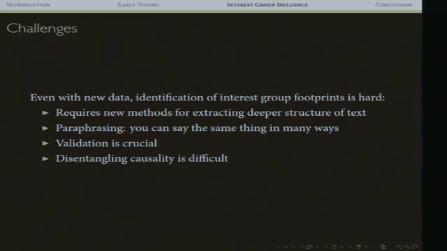If you see two states that adopt the same piece of legislation, how do you know which one came first if they were both enacted in the same year or introduced in the same year, right? So you have to be very clever about leveraging external information, trying to model the process by which bills are introduced, bills are enacted, and the way that language diffuses. And that's really, really hard.